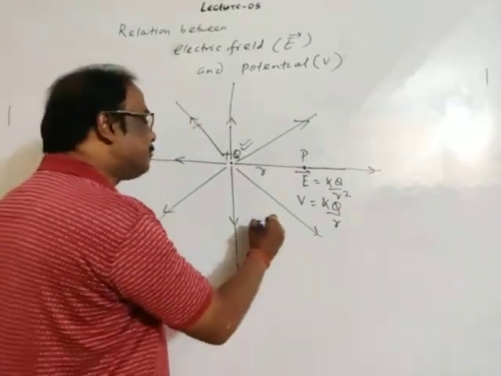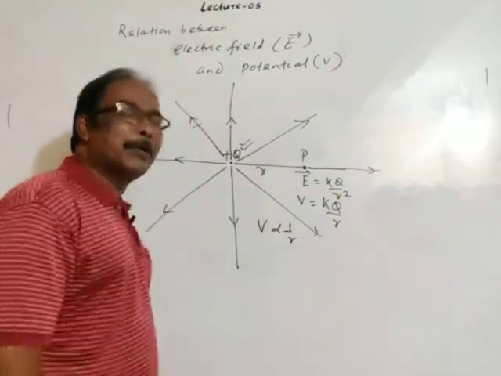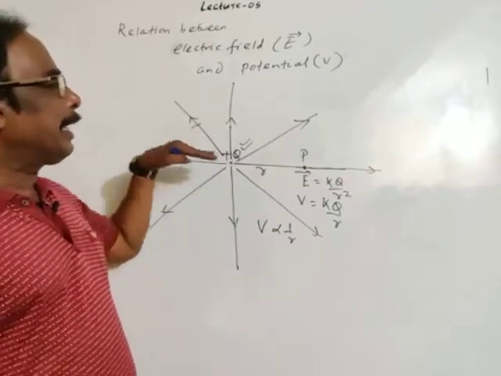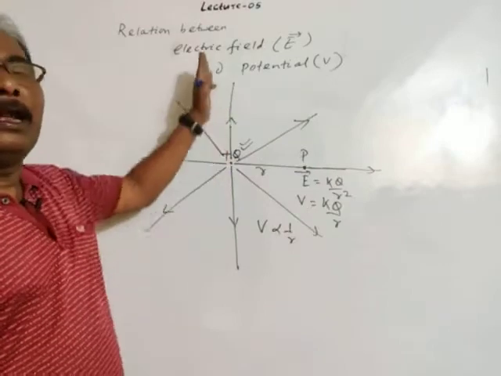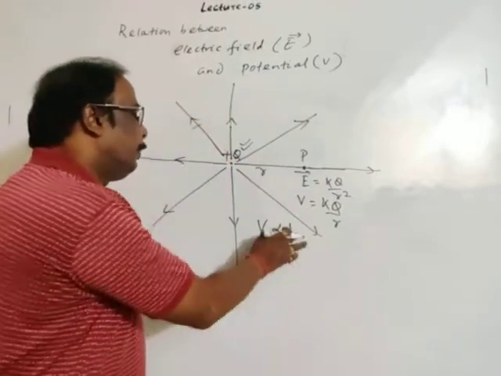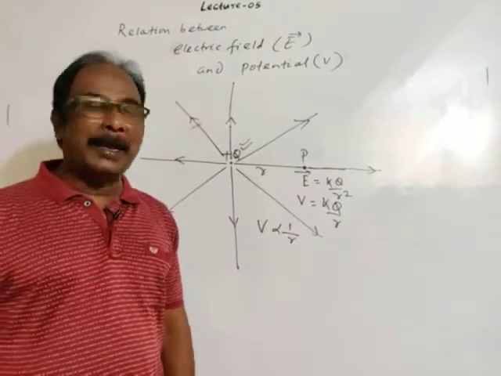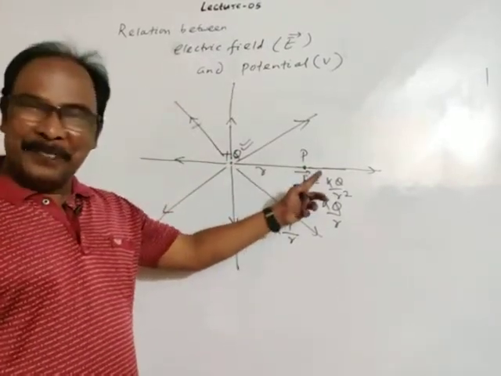Since V is inversely proportional to r, and this is a positive charge plus q with the electric field outward in all directions, electric potential is inversely proportional to the distance from the point charge.